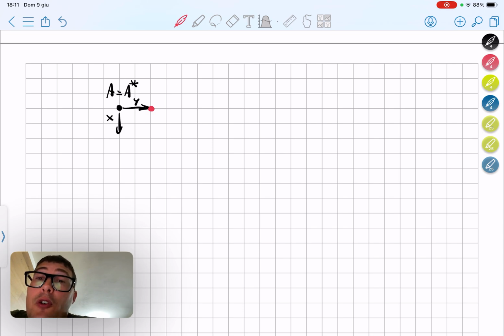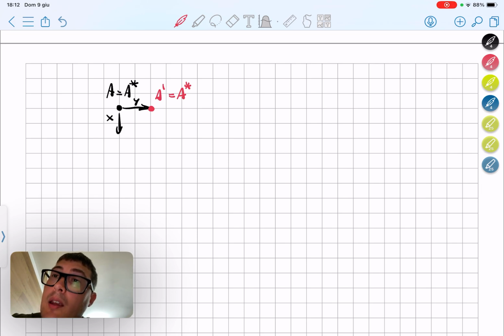Therefore there will be a shift up or down due to the piezo in order to restore the same A star that we fixed at the beginning. Then it moves to the next point, again fixing the amplitude, and so on and so forth.